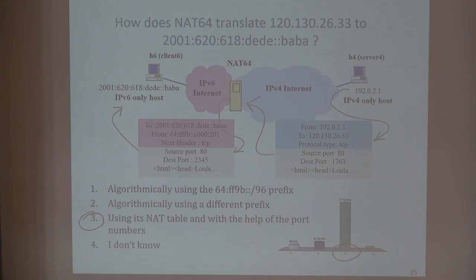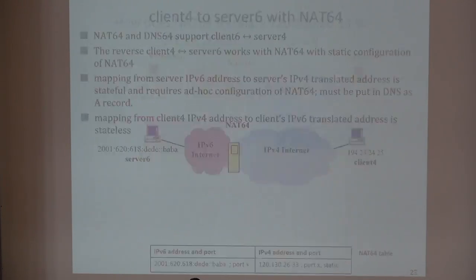We will see more next week because unfortunately this solution as it stands is usually not the one, or is not always the one that's deployed here. In particular, it doesn't work well. It works in one direction if the client is on IPv6 and the server on IPv4, which is the problem you have if you deploy IPv6, for example, in a cellular network where there's not enough IPv4 addresses.